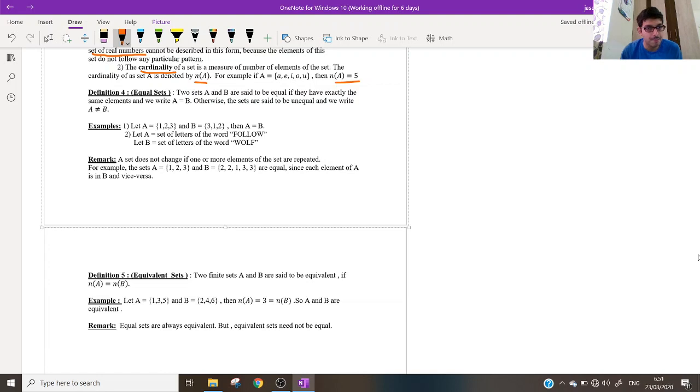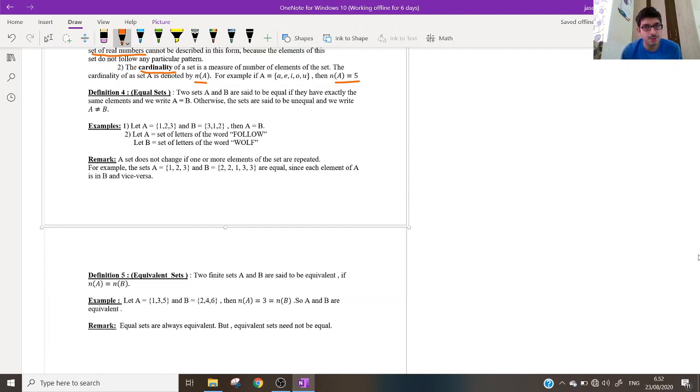For example, A equals {1, 2, 3} and B equals {2, 2, 1, 3, 3} are equal. The elements are repeated, but it is the same set as A, since each element of A is in B and vice versa. Generally we don't repeat the elements when we are writing a set.